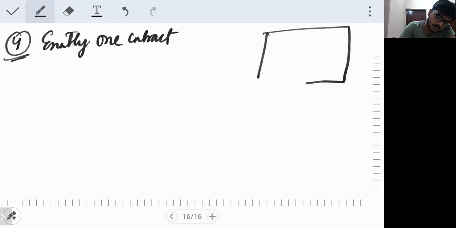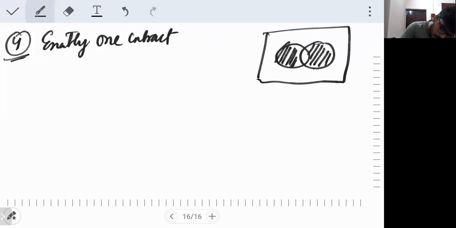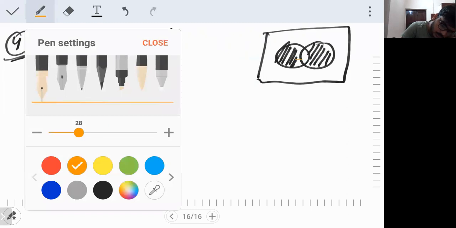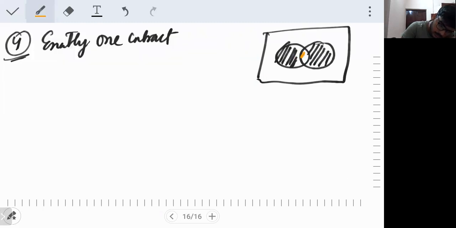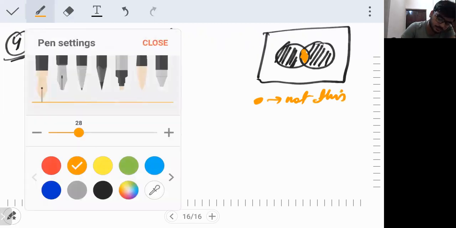We have this Venn diagram. So either this, but not this, not this, right? Not this. The black one has to work.